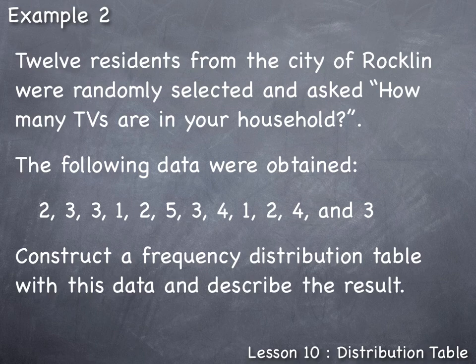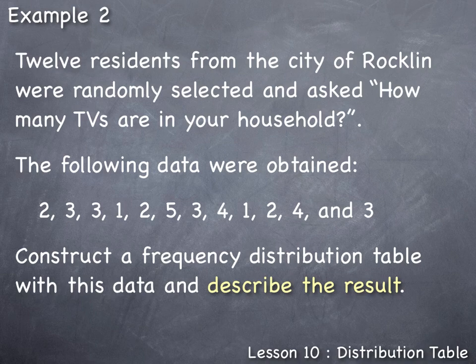Well, here we're asked to construct a frequency distribution table. That is, we need to make a distribution table which displays the data alongside the frequency statistic. After we've completed our distribution table, we then need to describe the result. Now, the first thing to consider whenever we're making any sort of graph is to come up with a descriptive title.